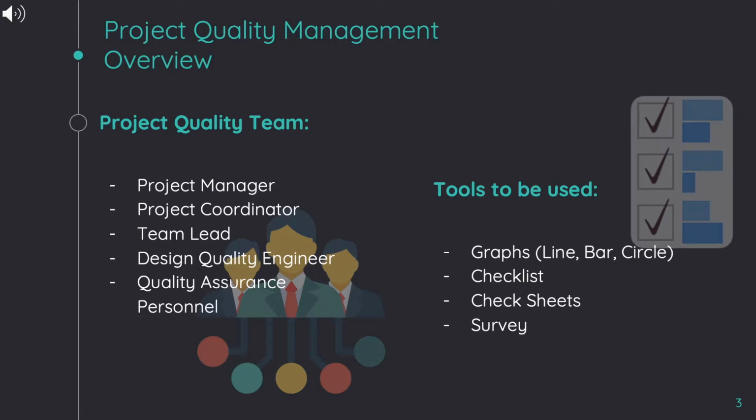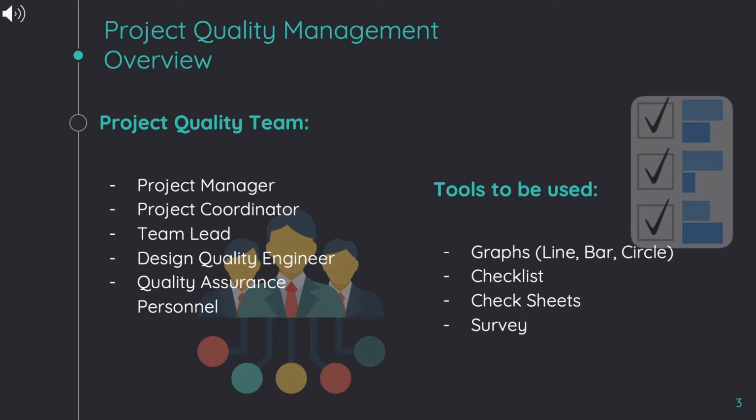Moreover, the team lead's part is to keep track and audit quality. Next, we have the design quality engineer who will work with engineering and manufacturing functions to ensure quality standards are in place. Lastly, we have the quality assurance personnel who will monitor and ensure that quality is built into every element of the project.